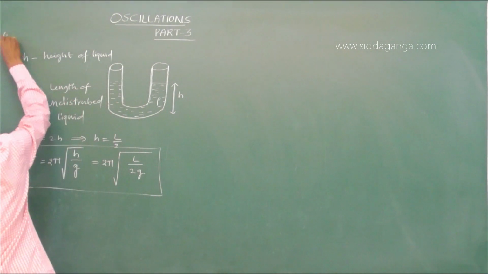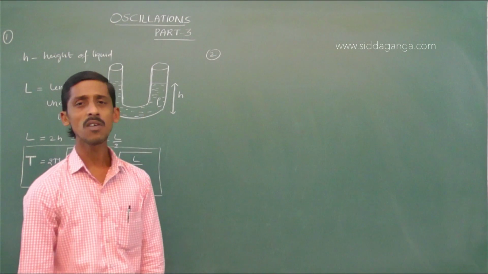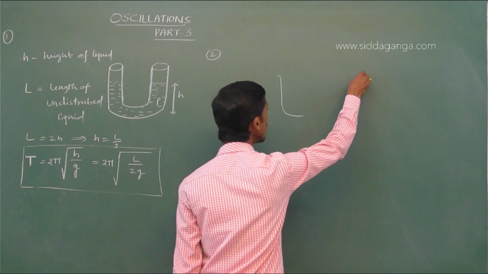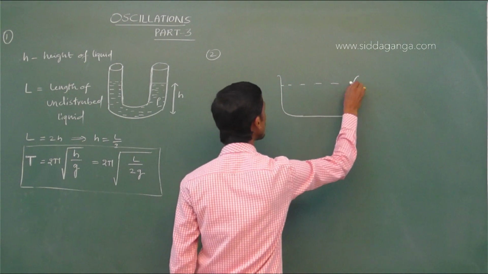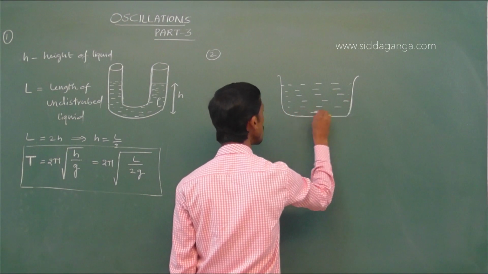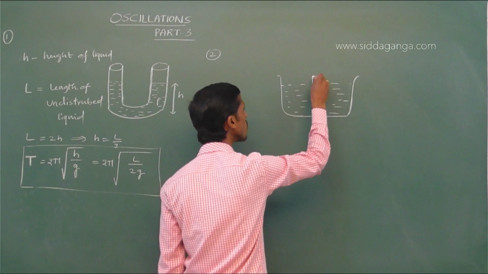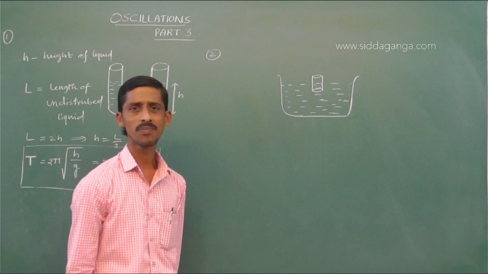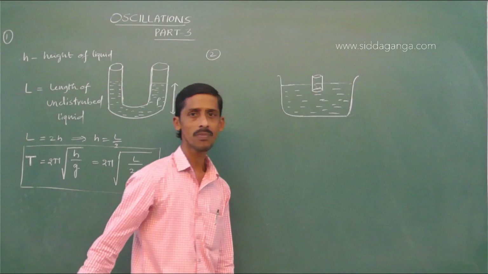Similarly, consider the oscillation of a cylindrical object floating in a liquid. Whenever an object is floating over the surface of the liquid, it may be a glass or wood or anything. For example, here I am taking a cylindrical object floating on the surface of the liquid.